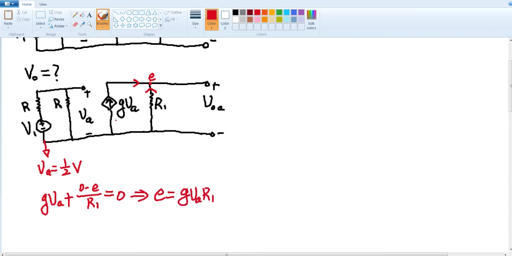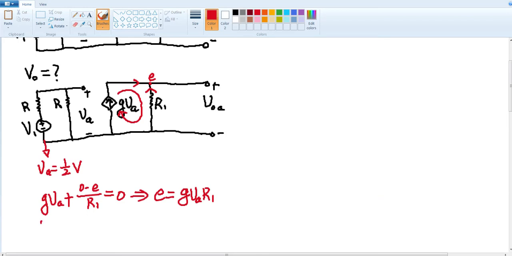This makes good sense because R1 is the only path that this current can flow through. So actually the dependent current source, GVA, will flow in this path. So the voltage across R1, E, is equal to GVA times R1 using Ohm's law.